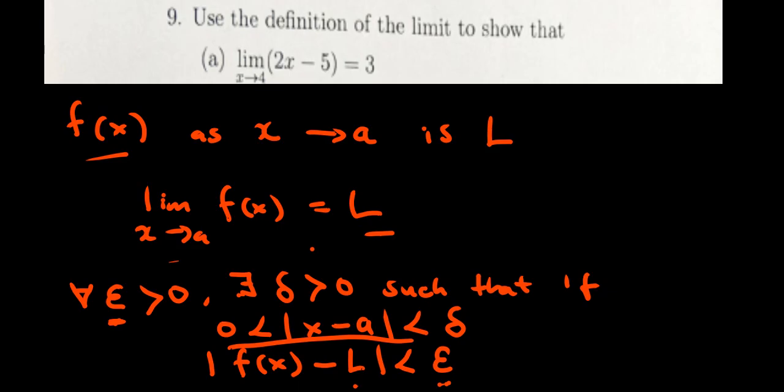So when you're proving this, in short, you want to show that this epsilon actually exists. Your end goal is to get an epsilon alone. Then you would have shown that that is true.